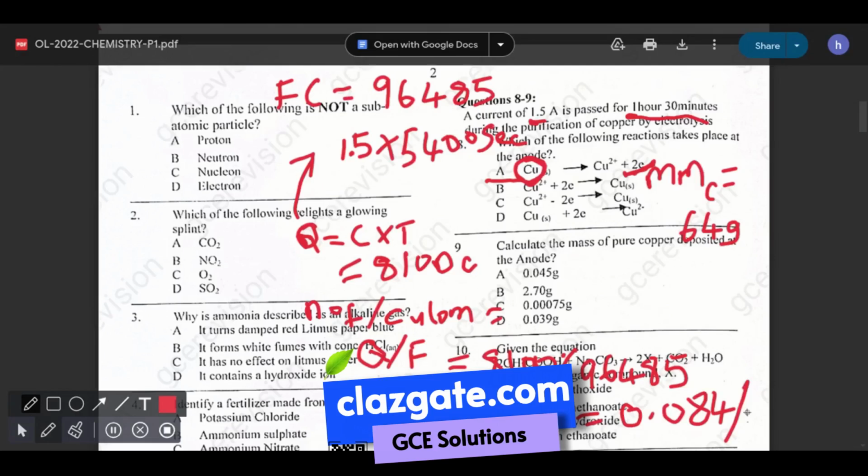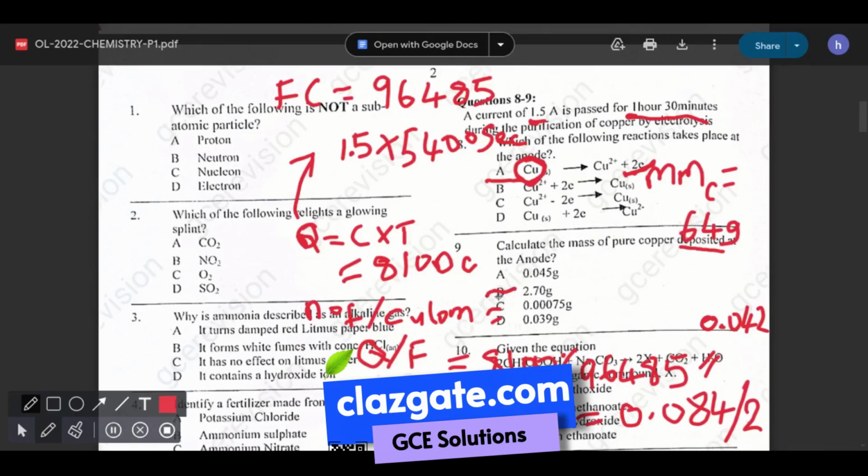We'll divide this by 2 and get an answer of 0.042. You know that the molar mass of copper is 64. 64 times 0.042 gives us 2.7 grams.